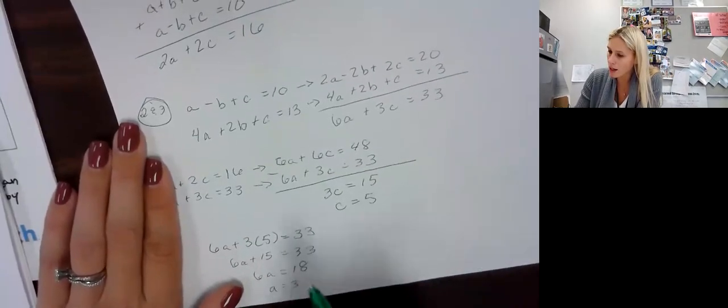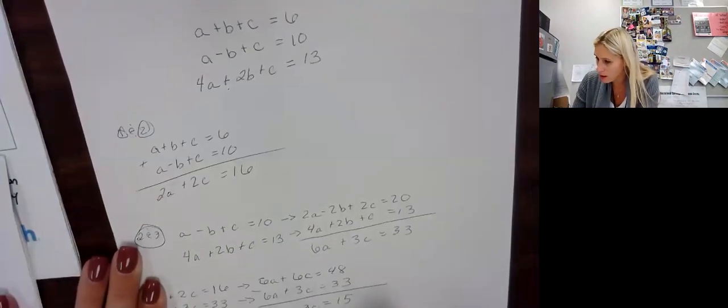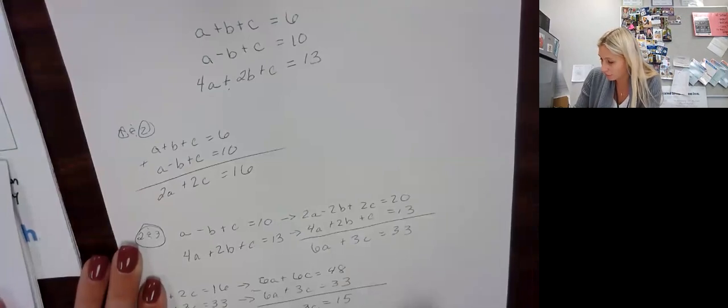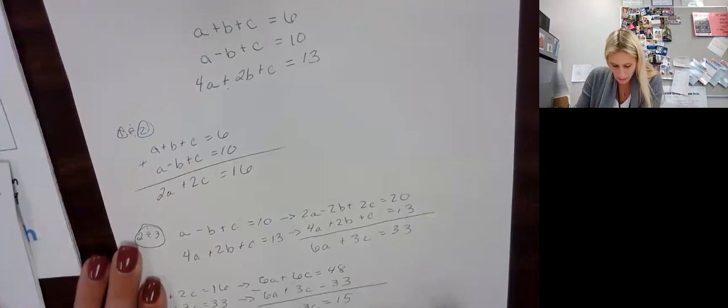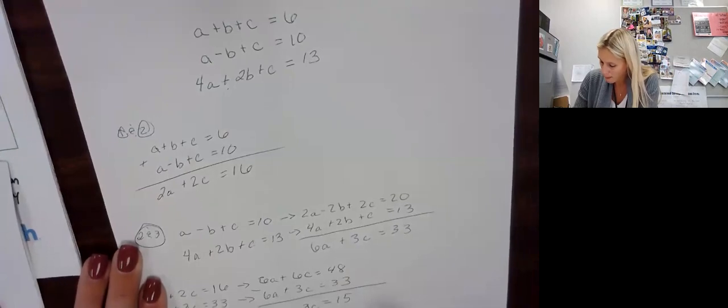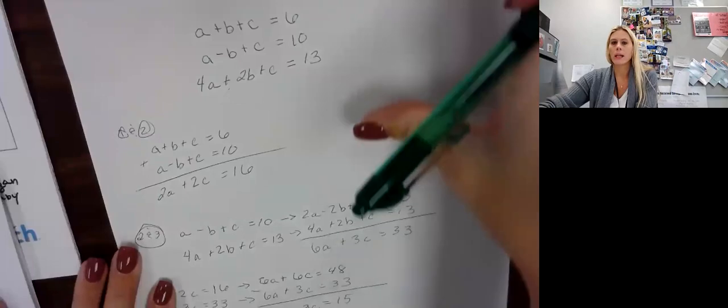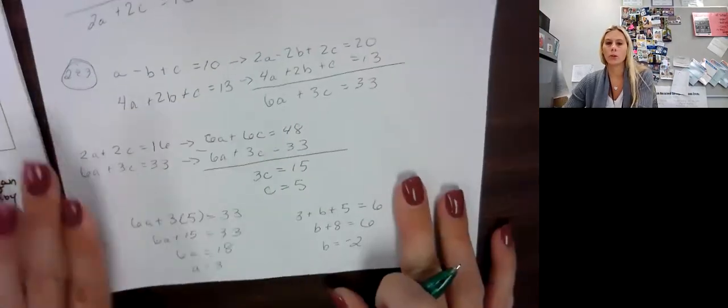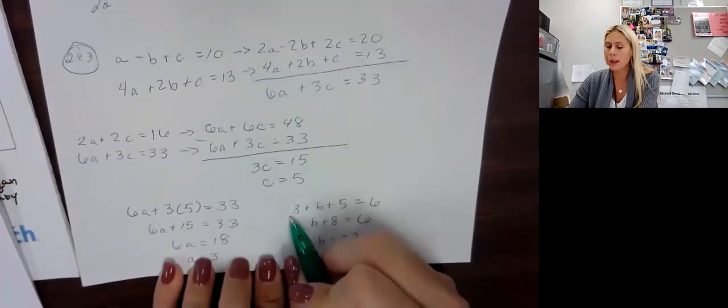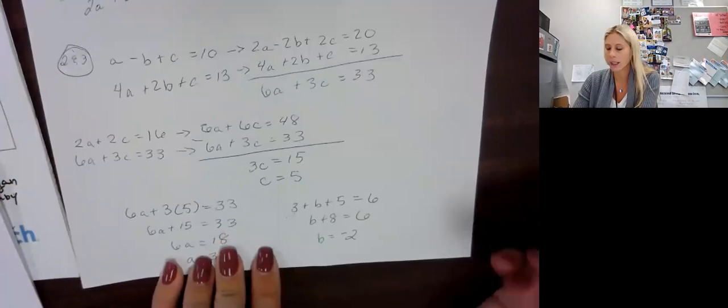Now I can go back all the way up to that first equation, because that one's the easiest, right? I would get 3 plus B plus 5 equals 6. B plus 8 equals 6. So B equals -2. Oops, I'm doing work and I'm not showing you. So that's me plugging into that first equation, okay?